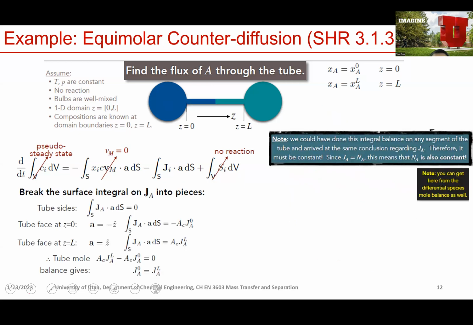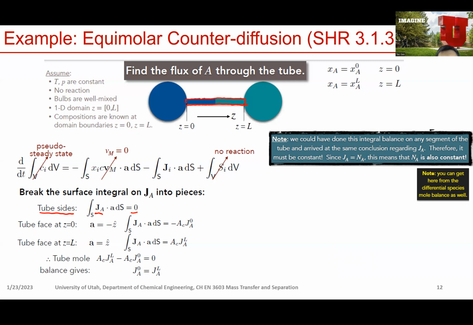Now, the tube side, we know it's impermeable to the species, so the flux through the wall will be zero. Then the integral of the diffusive flux J with respect to the wall of the tube will be zero, okay? And then we have the two ends of the tube, left end and right end, right?